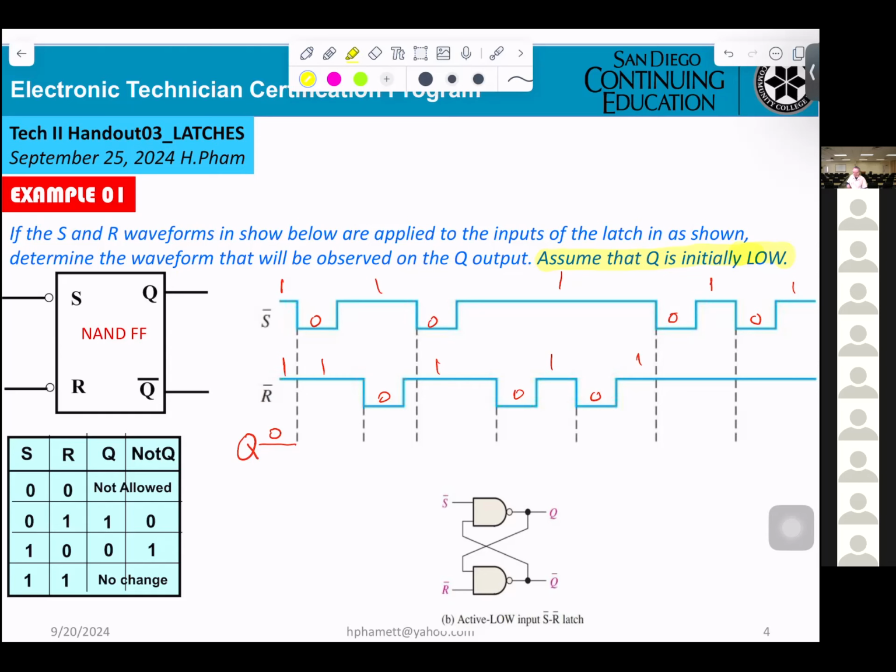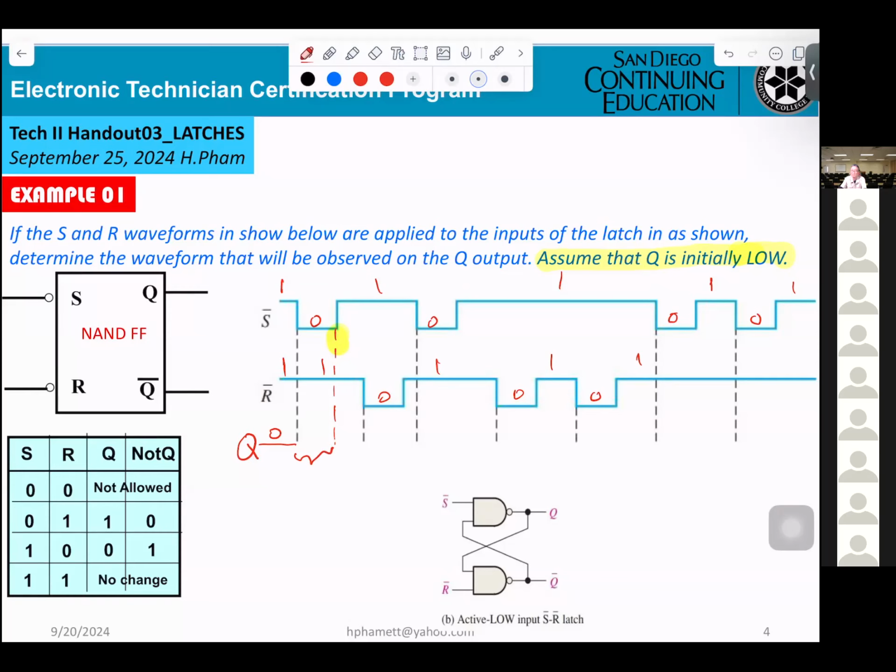Now, I want to know from here to here, what is Q? You just look at the truth table.